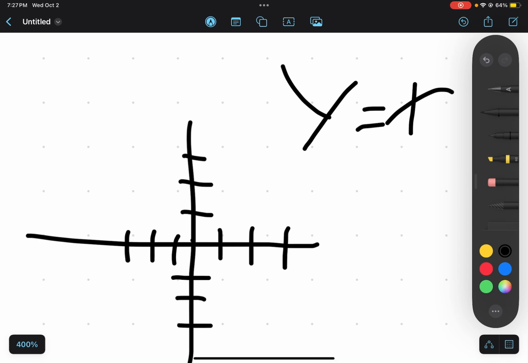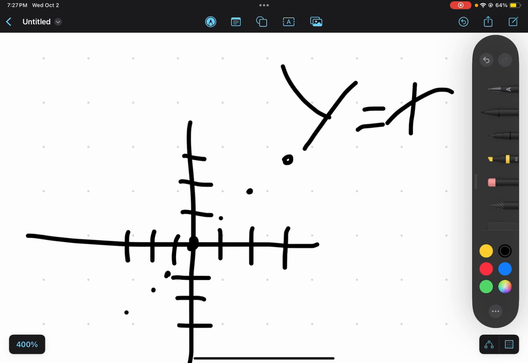So then there will be a dot at the origin. When x is equal to 1, y would also be equal to 1 since they are equal. And this would go on so on and so on, as 2 is equal to 2 and 3 is equal to 3. Now this is also the same for negative numbers, where negative 1 is equal to negative 1, negative 2 is equal to negative 2, and negative 3 is equal to negative 3.